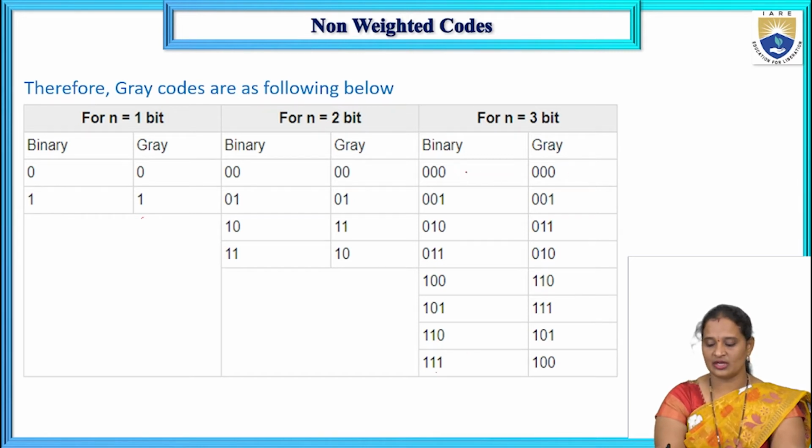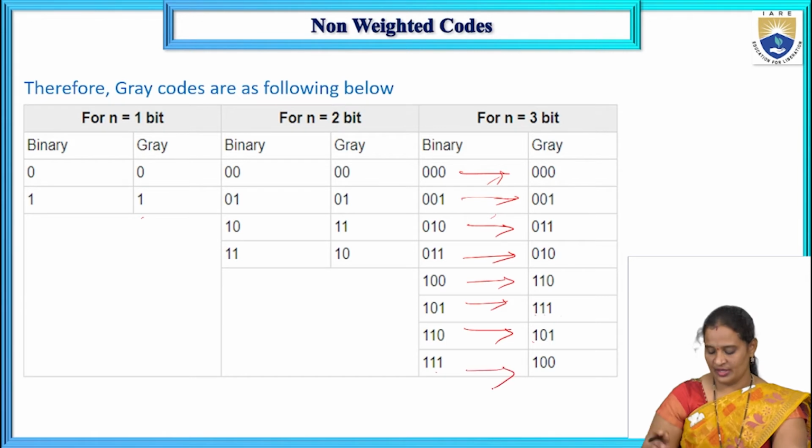These are the respective gray codes: 000, 001, 011, 010, 110, 111, 101, 100. So you can observe the difference between binary code and gray code.